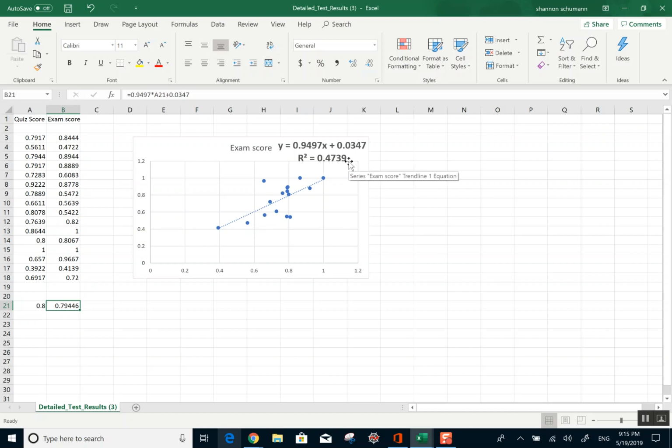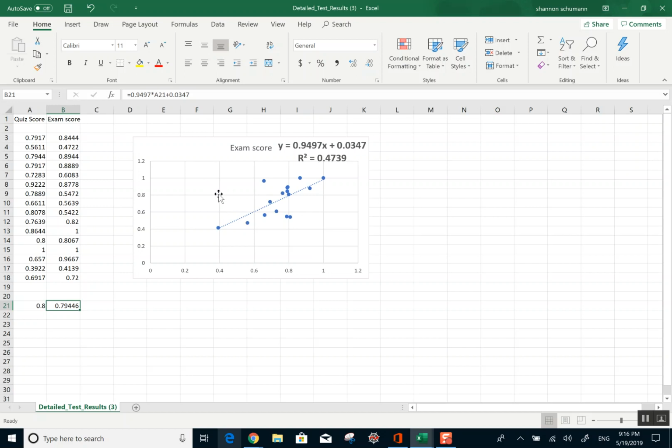That means it would be 100% straight line. On the other hand, if the points were completely random all over the chart, this R squared would be 0. R squared ranges between 0% and 100%. The number that we've got here is 0.4739. That means that this is moderately good at predicting what the exam score would be given the quiz score.